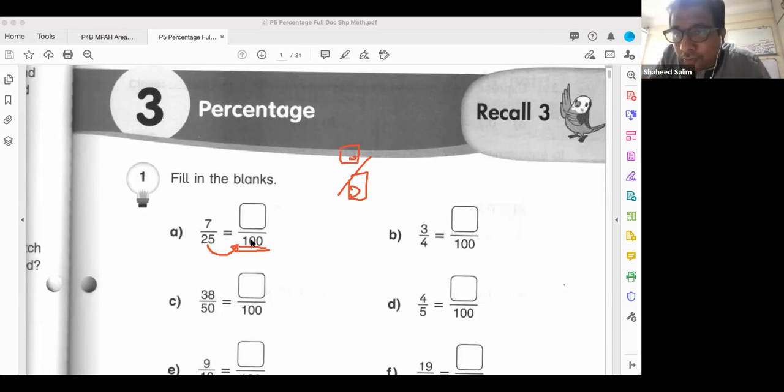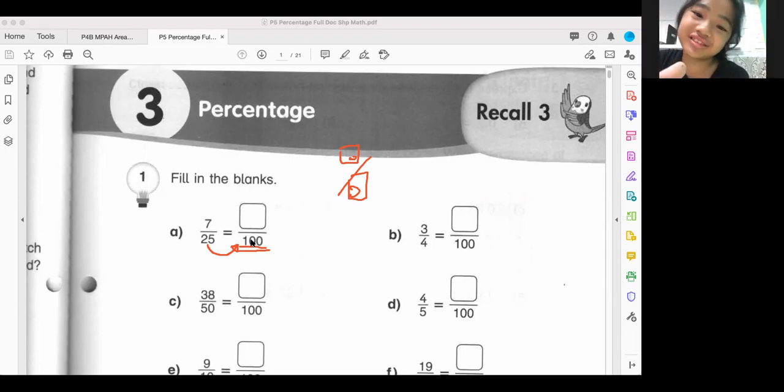Alamak, then you got no other handphone. Adik's handphone. Adik say cannot. Mommy's handphone? Cannot. Phone charging.